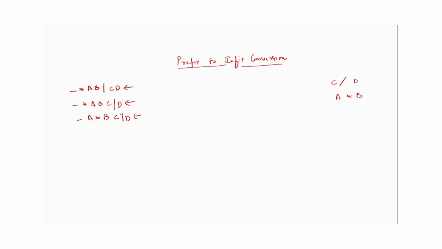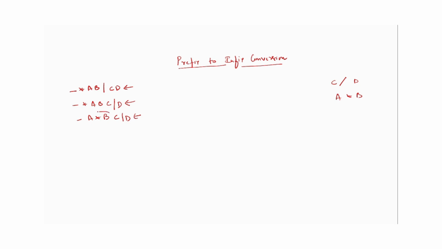So again we scan from right to left. C by D has been evaluated, A star B has been evaluated. Now we encounter an operator called minus, and once we encounter it, we stop there. What would be operand 1 and what would be operand 2? The operand right after the operator would be operand 1 and the next operand would be operand 2.